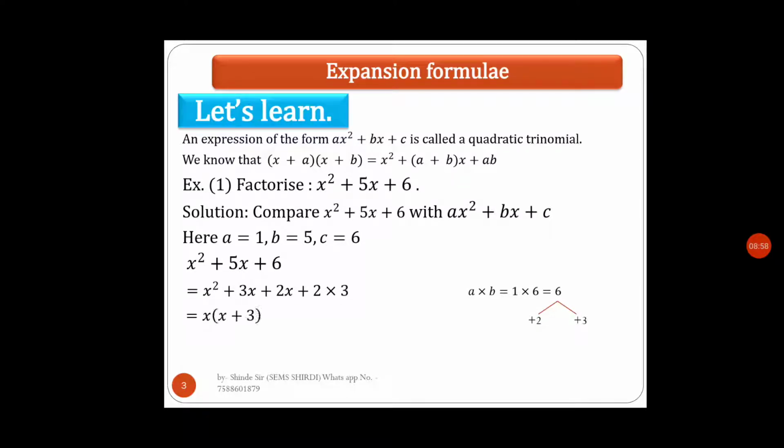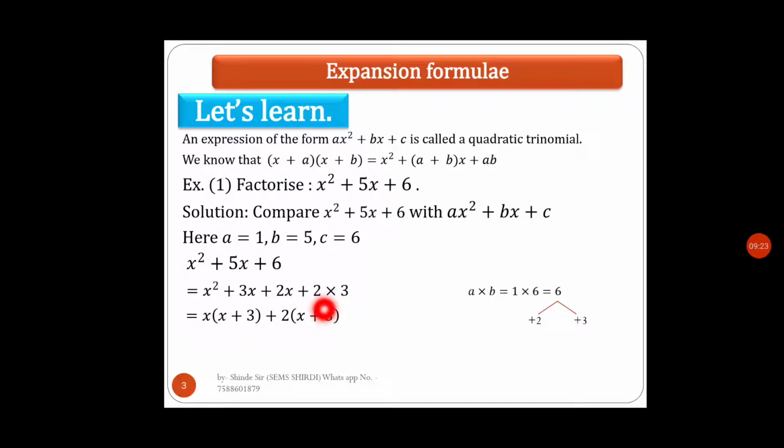We take x common, and the remaining in the bracket is x plus 3. Similarly, in the last 2 terms, which is the common factor? 2 is common, and we write it separately. What is remaining here? x plus 3. Remember, we require both brackets to be the same, the x plus 3 and this x plus 3.